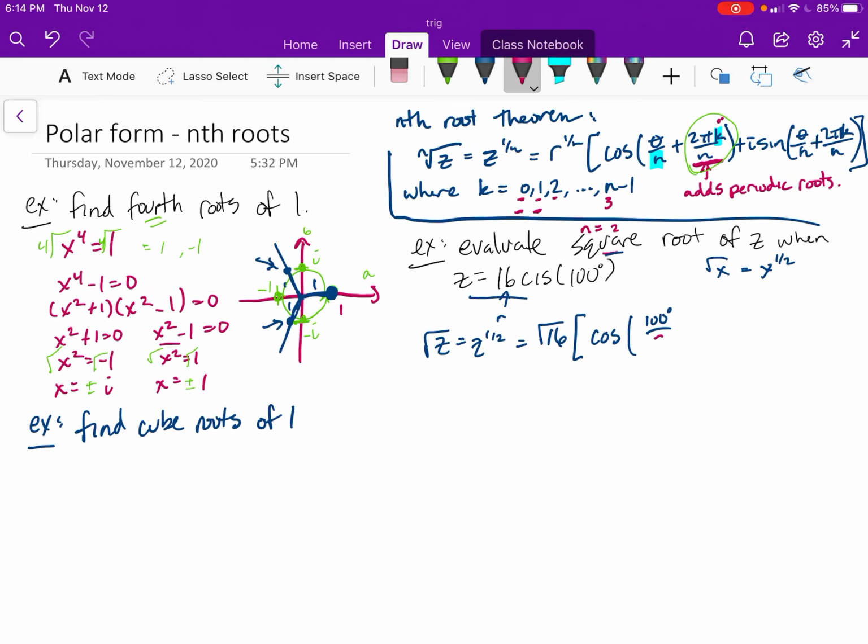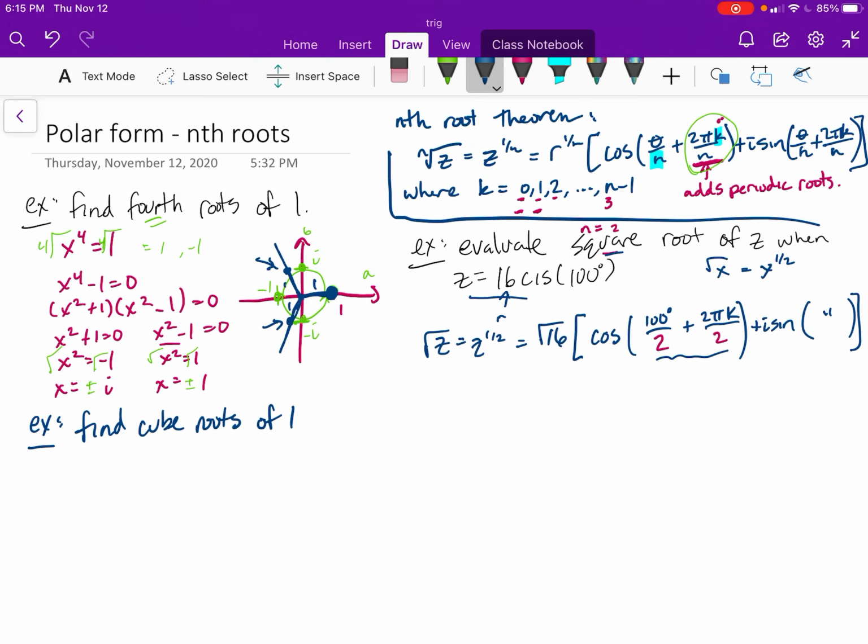So n is 2, plus 2 pi k, so plus 2 pi k over 2. And then I also know whatever I get here, it's going to be the same for the I sine plus I sine of that stuff. I'm not even going to rewrite it because we usually change it to the CIS form anyways.